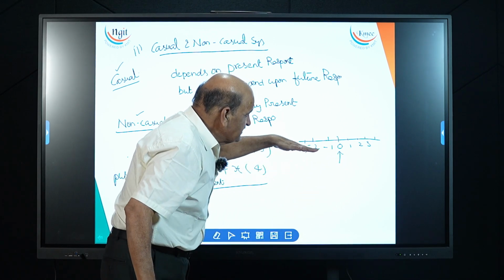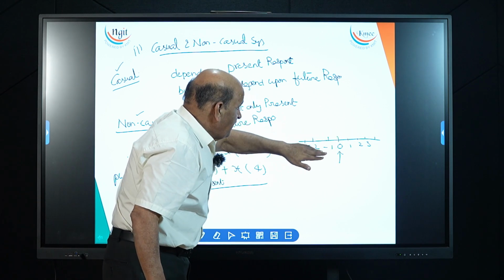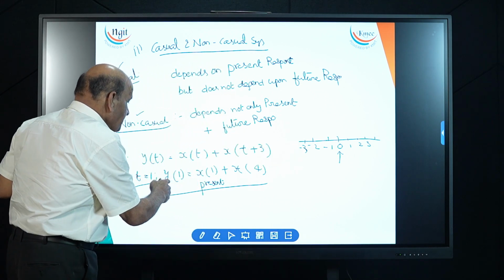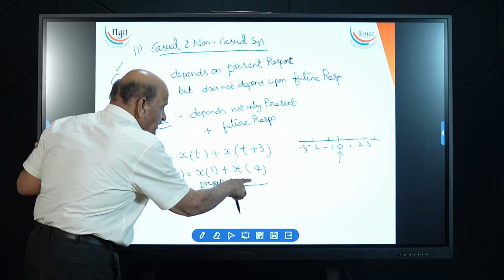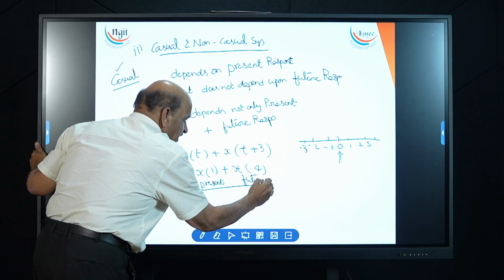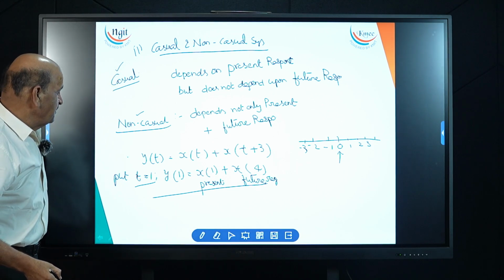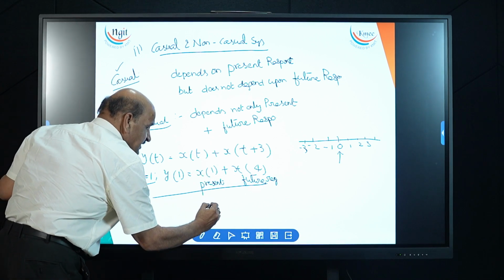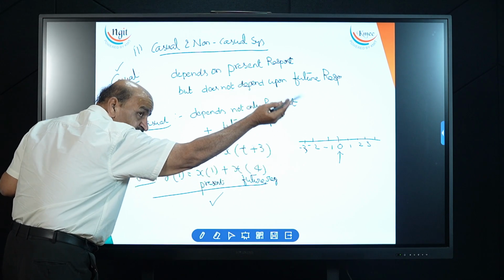If you move towards the right direction, it will be future. All these come under past. Now just look at it. That means this system depends upon the future. This is future response. This is called a non-causal system because it gets the present value, but it depends on x of 4, which means future values.